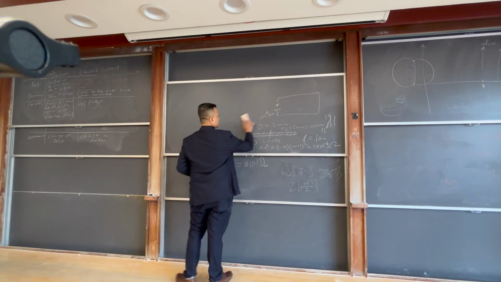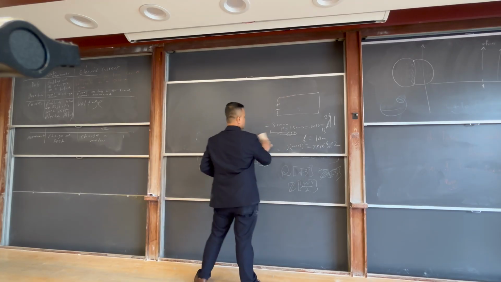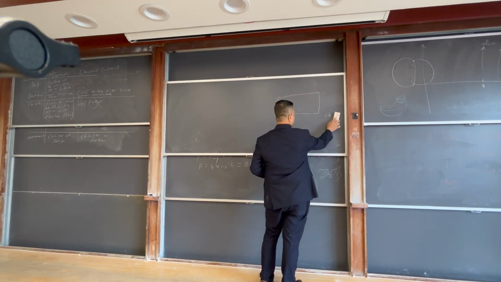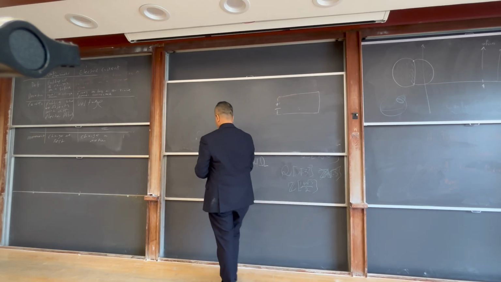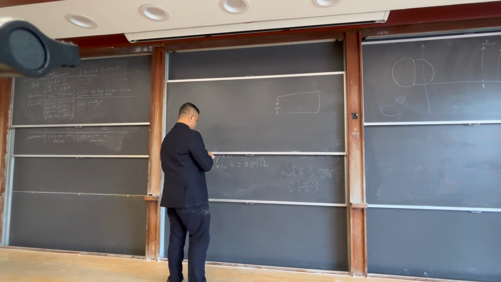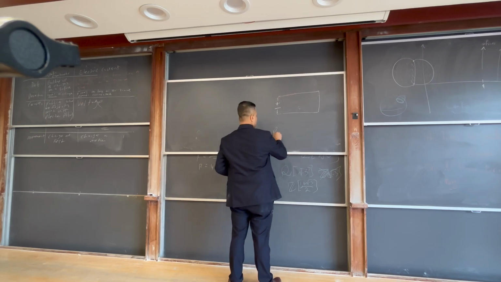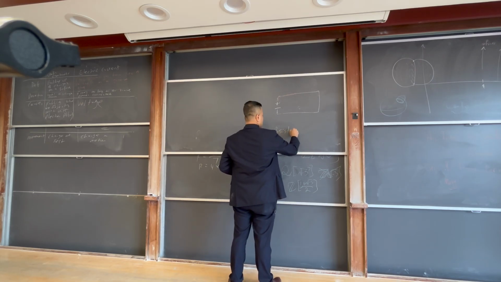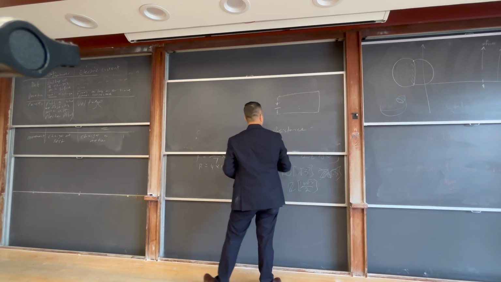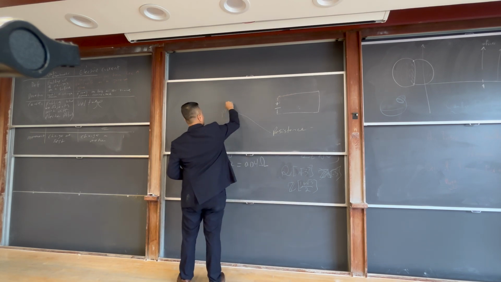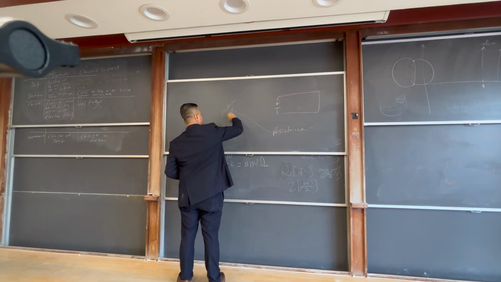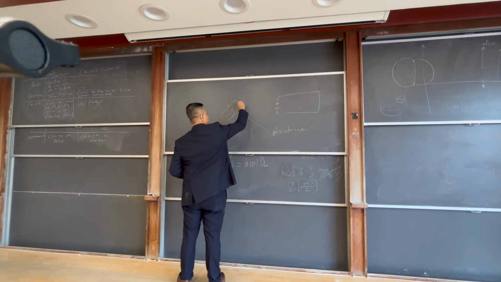So what we learn is that the resistance depends on the material the wire is made of. In this case, aluminum.